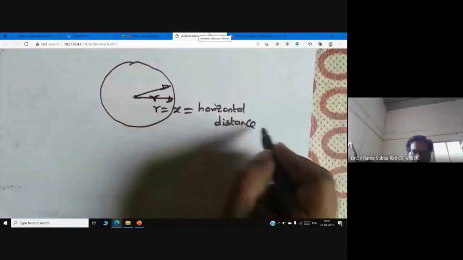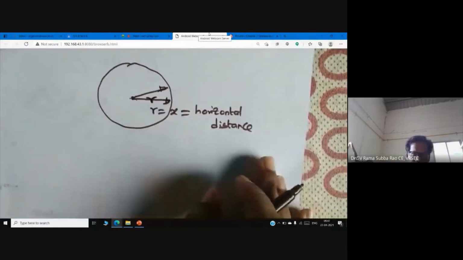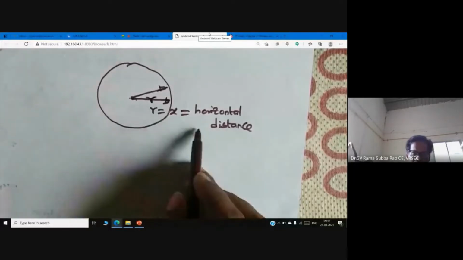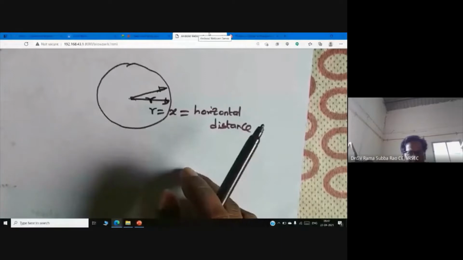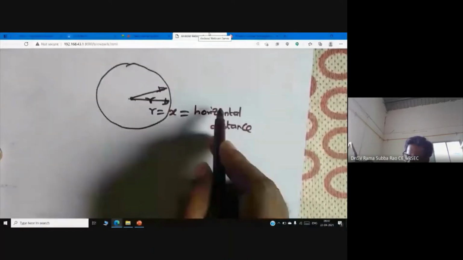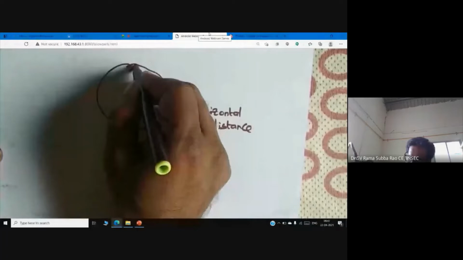If you are perpendicular to your observation, then you may get an idea. When we are observing radial distance, especially in orthographic projection, it seems to be horizontal distance. But to be frank, here r is radial. Let me tell you once again, this r is radial distance.